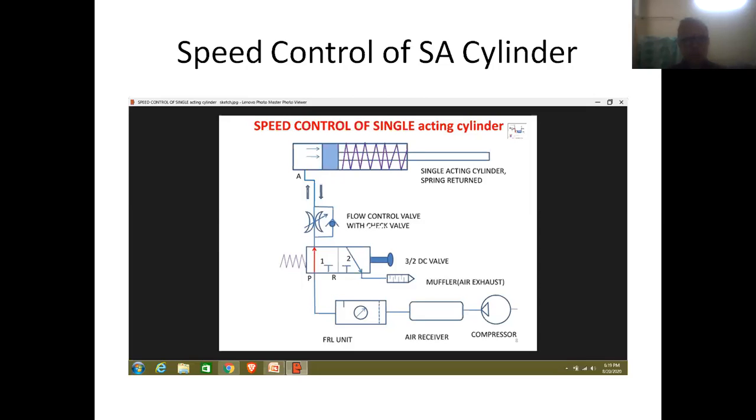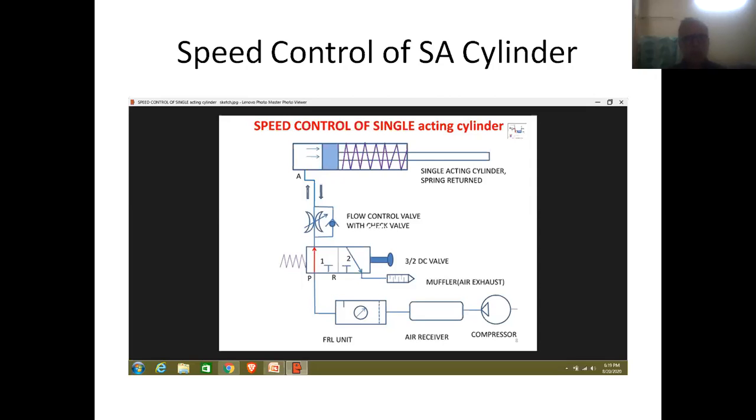So friends, this is about the arrangement of a flow regulator used for controlling the operation of a single acting cylinder as shown in this particular circuit diagram.